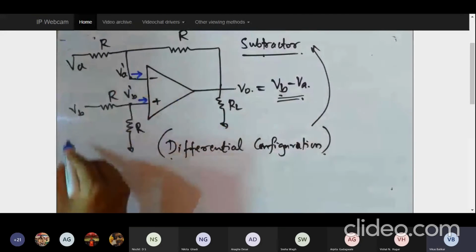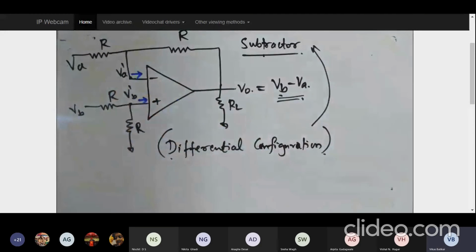VA is the input voltage of the entire circuit, whereas VA dash is the input voltage of the op amp. Similarly, VB is the input voltage of the entire circuit because it is at the beginning of the circuit, and VB dash is the input voltage of the op amp.